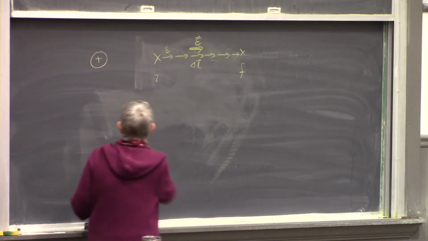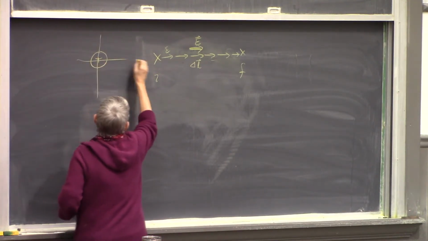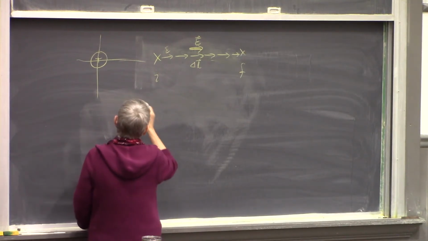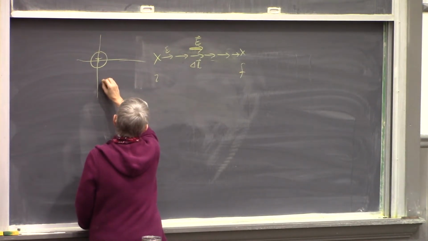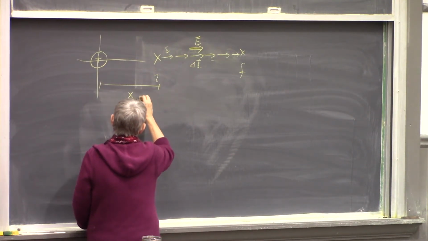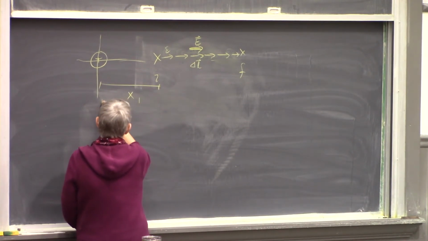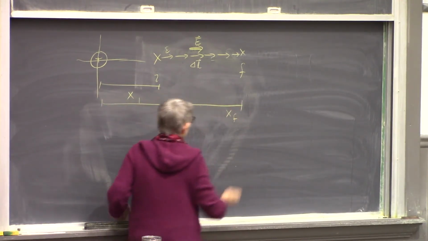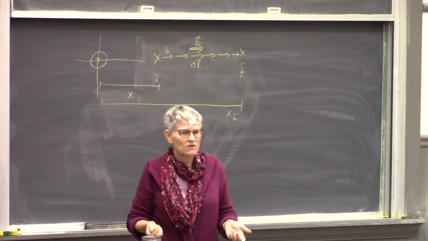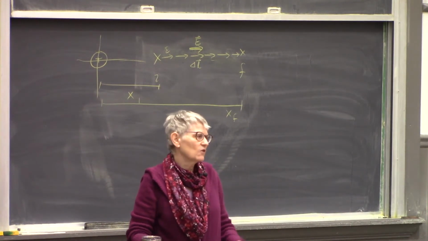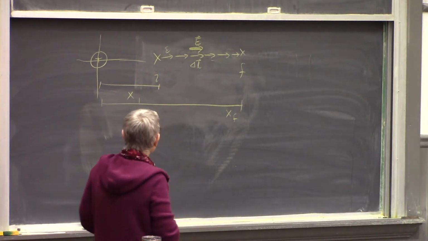So let's put the origin at the center of the point charge. And we'll say that this distance here is x initial, and that is x final. We're working in one dimension, so we can use x. R would, of course, be a more general thing, so we could use r if we wanted to.